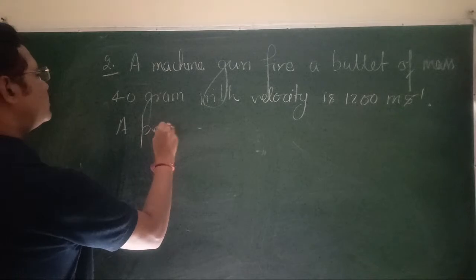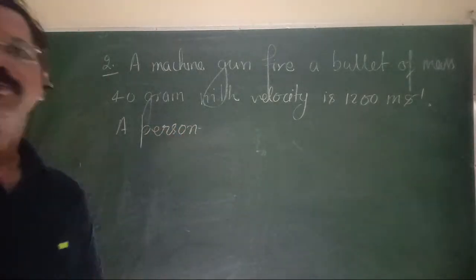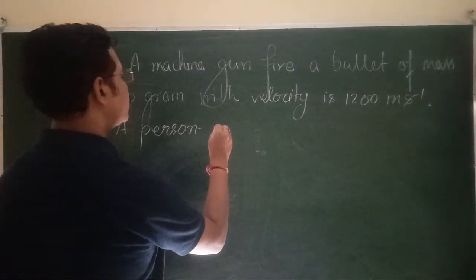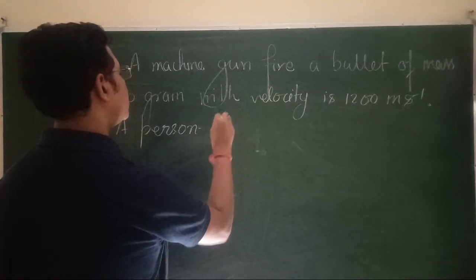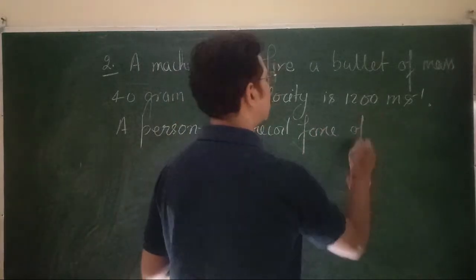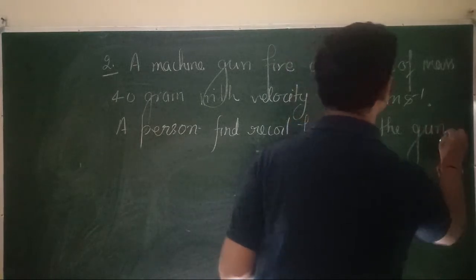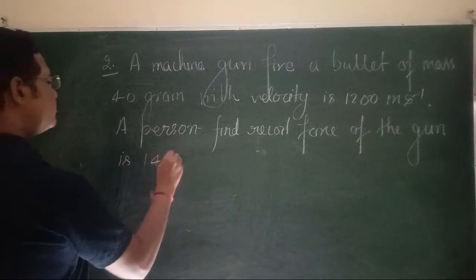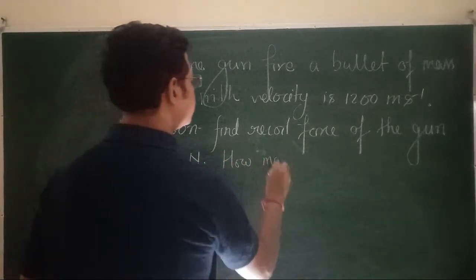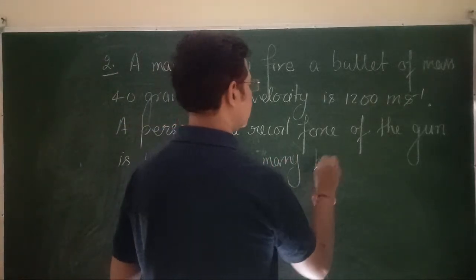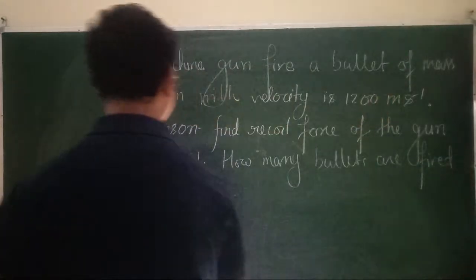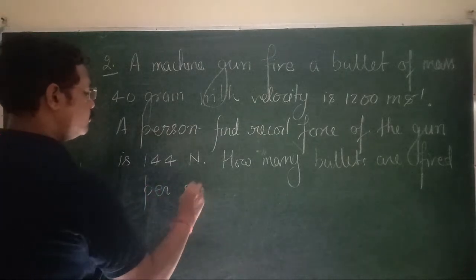A person finds the recoil force of the gun is 144 Newton. How many bullets are fired per second?